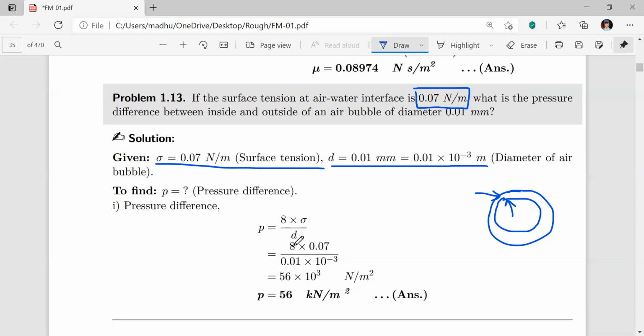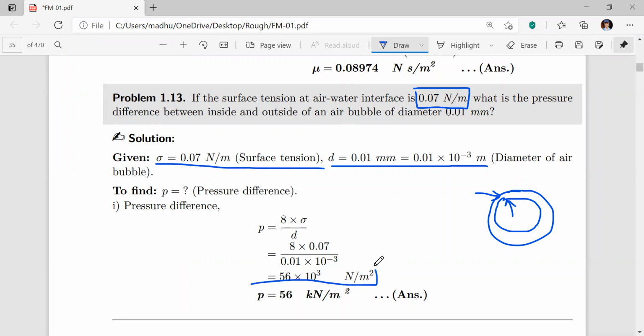So 8 as it is, sigma 0.07 they have given, and diameter 0.01 into 10 to the power of -3. I substitute all the values and I got 56 into 10 to the power of 3 Newton per meter square.